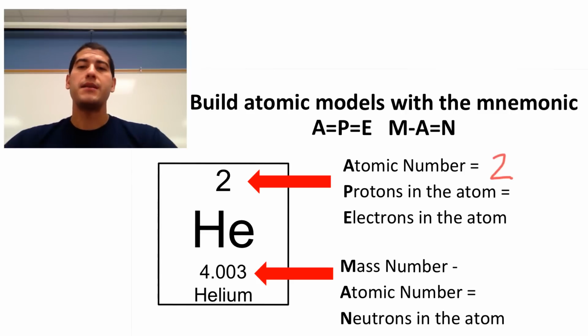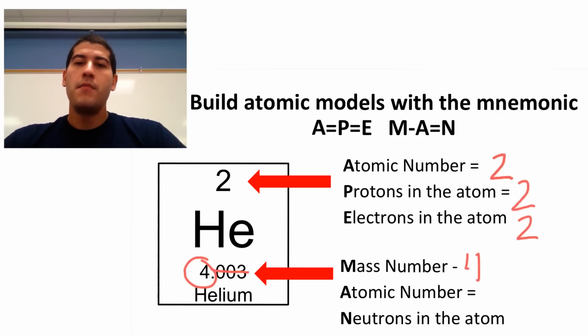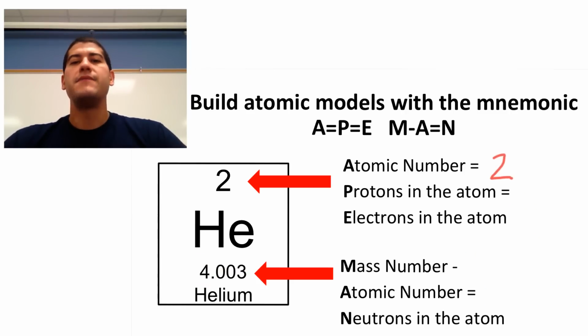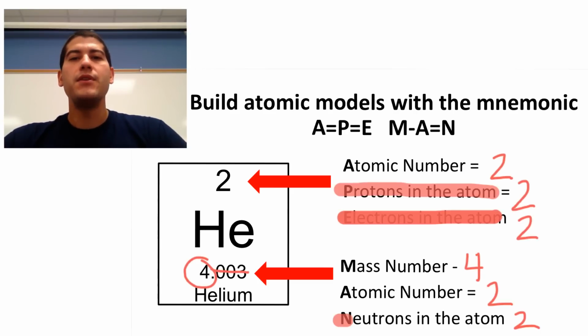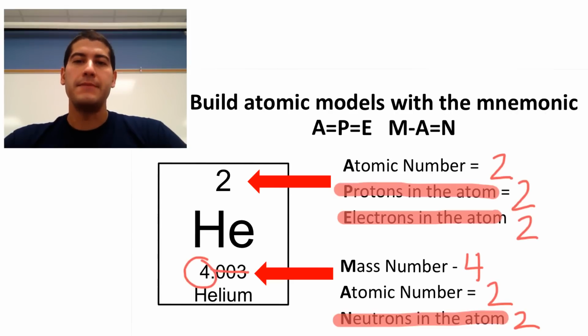The rounded mass number is 4, minus the atomic number, which is 2, gives us the number of neutrons, which is 2. Now we have the number of each subatomic particle for a helium atom, and all we have to do is draw the nucleus and the electron cloud correctly.